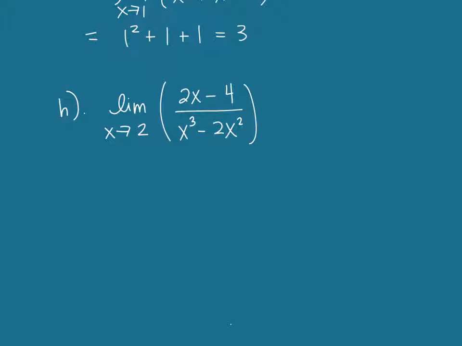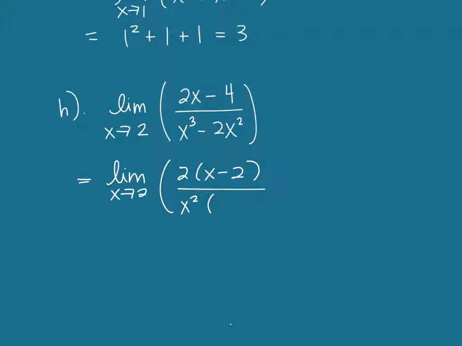Both of these are factorable again. So the limit as x approaches 2. And we'll factor the numerator into 2 times x minus 2. We'll factor the denominator into x squared times x minus 2. We'll show that the factors of x minus 2 reduce.